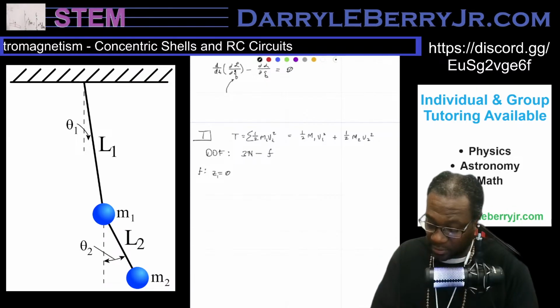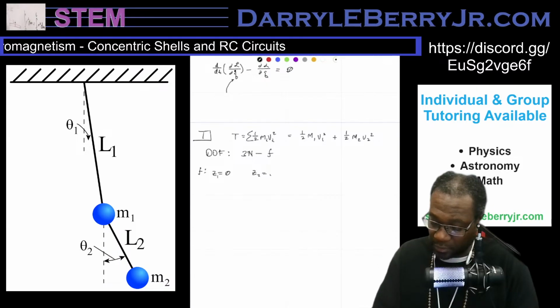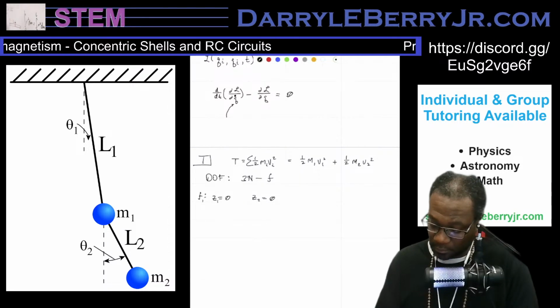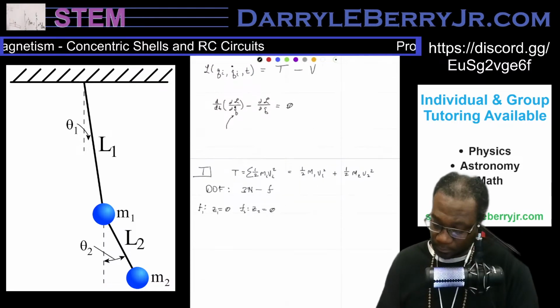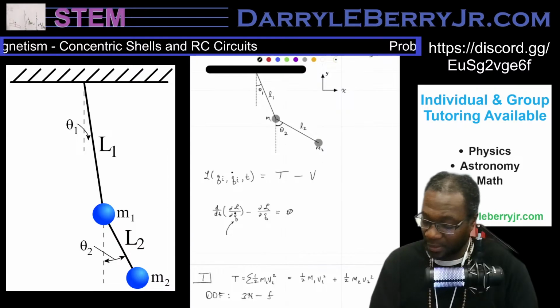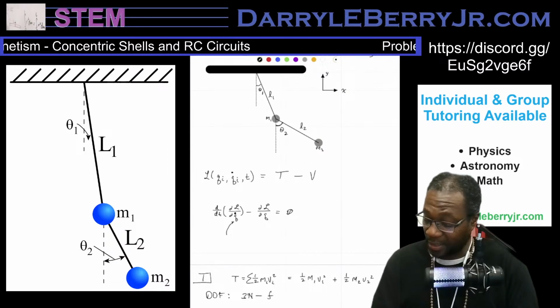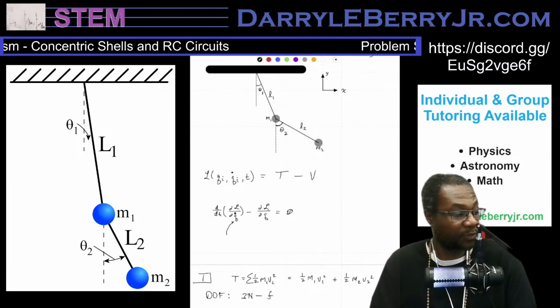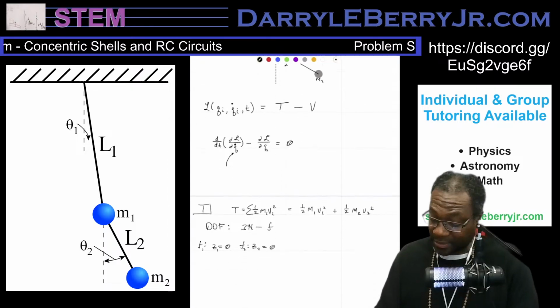And z1 equals 0 and z2 equals 0 for each mass. We can also say that the L's are constant.